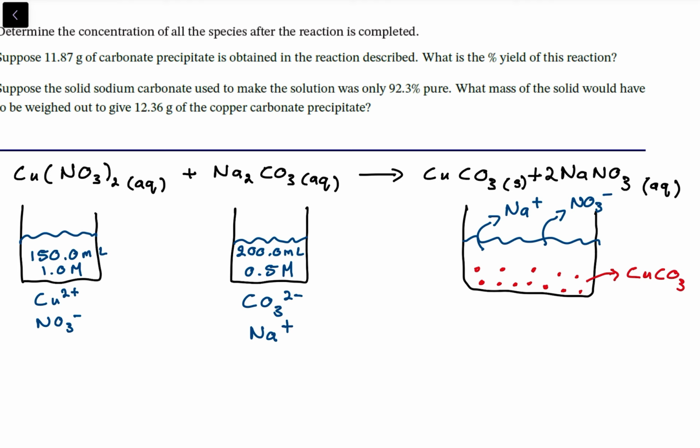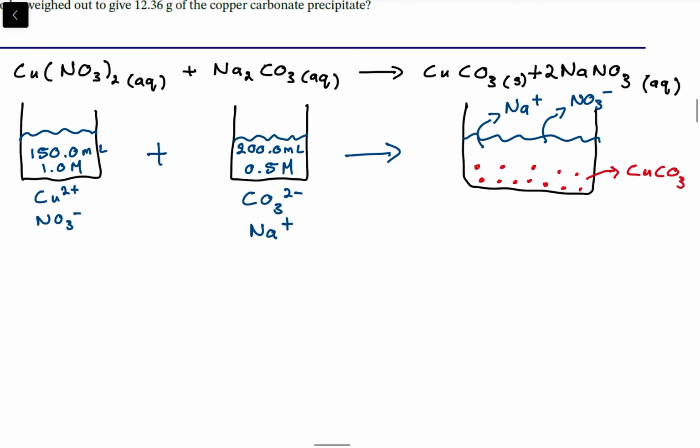But the question is, is there perhaps something in excess? Is there perhaps something limiting? Because that is the case where everything is reacted in a stoichiometric ratio. If we don't react it in a stoichiometric ratio and something is in excess, then perhaps there could be additional ions.